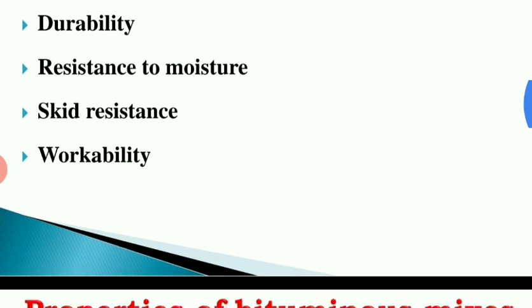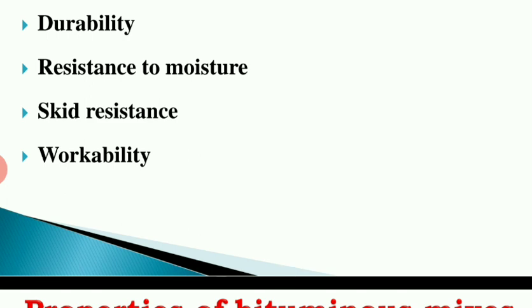And then coming to the durability part, the mix should contain sufficient asphalt cement, so as to ensure an adequate film thickness around the aggregate particles. So here we need to choose certain binding materials, such as bituminous materials, or whatever binding materials we are going to use in the construction.